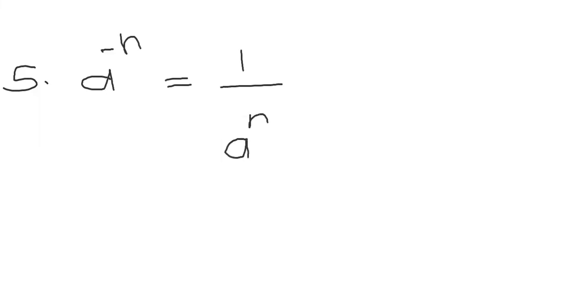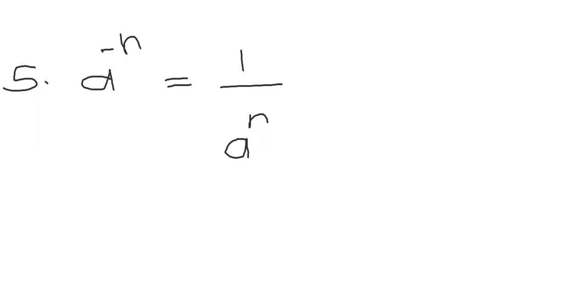So what do you do if you have a negative power? How do you convert an index that has a negative power to become positive? The rule says that to convert a negative index, you're going to get a fraction.